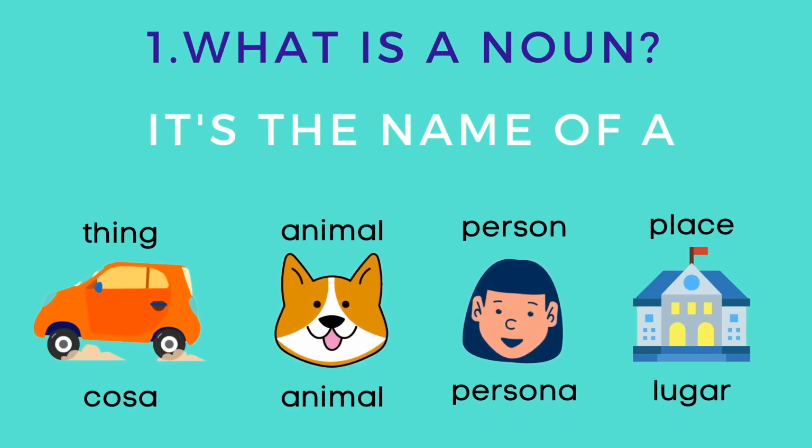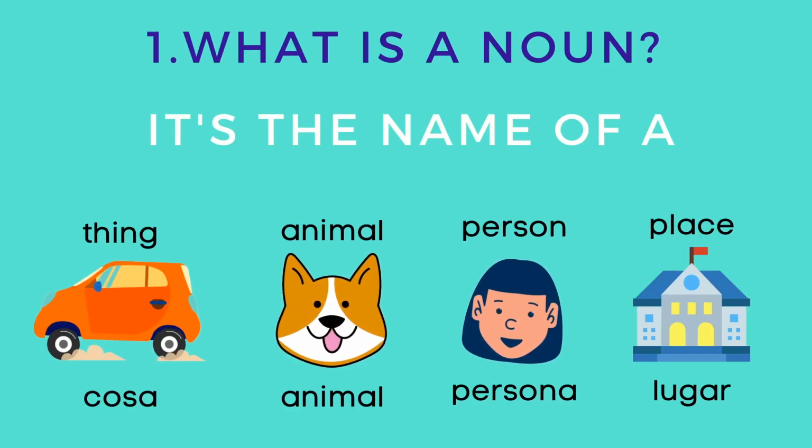It's also the name of an animal. Perro, como este ejemplo. Animal. Un gato, elefante, mono. Those are names or nouns. The name of a person, persona.